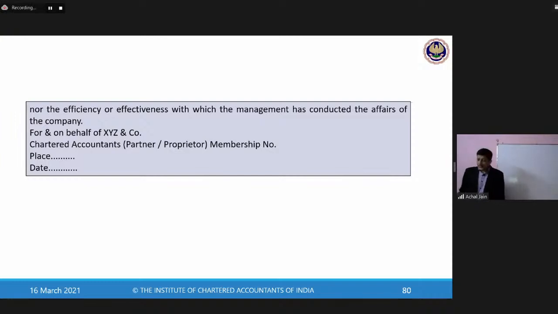Though at certain places in the Companies Act, the definition of the related party has also been given, and which will be in addition to what is there as per the accounting standards.